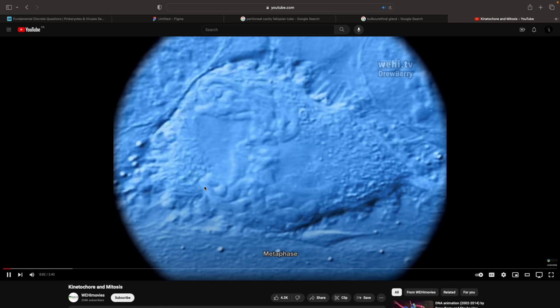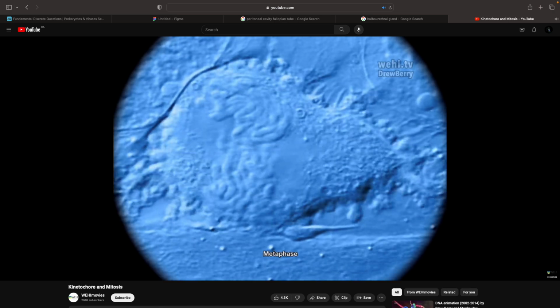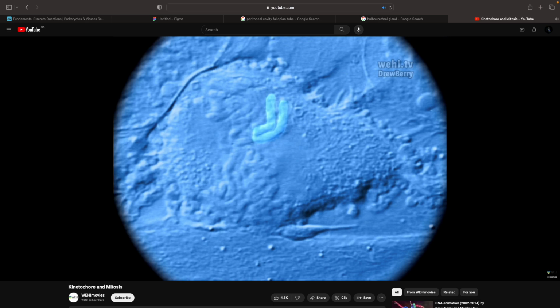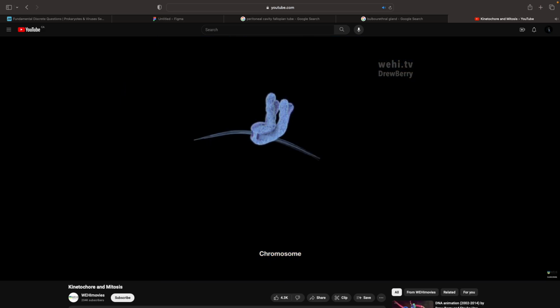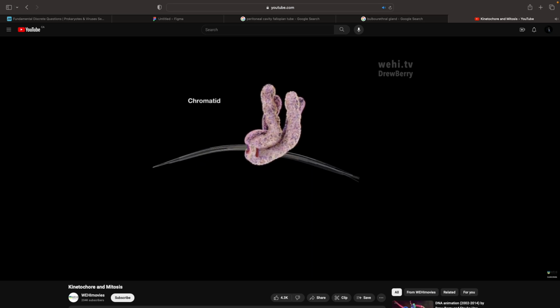This visualization isolates a single chromosome at mitosis. The chromosome contains 2 identical copies of DNA. Each DNA molecule is packaged up into one of the sausage-shaped chromatids.